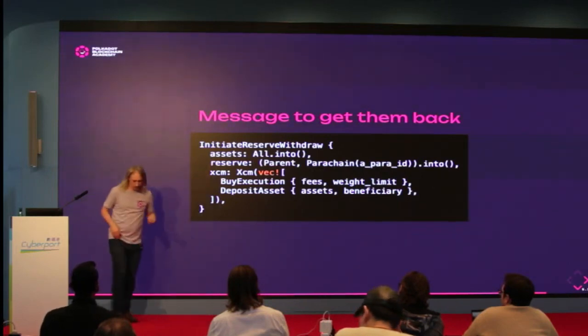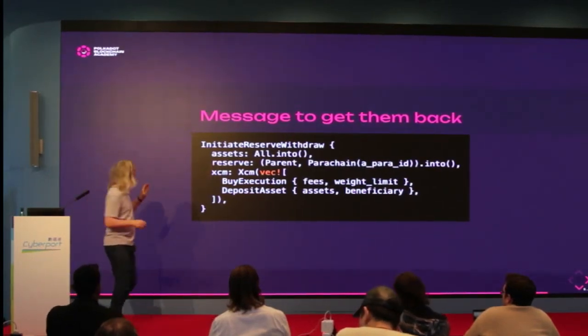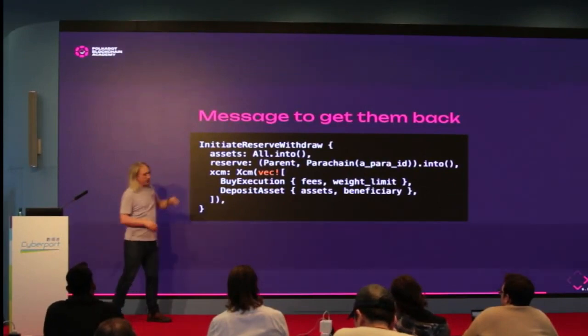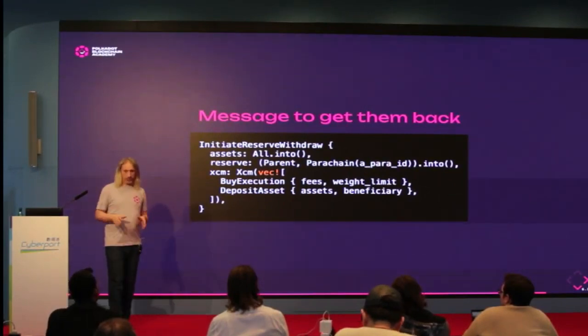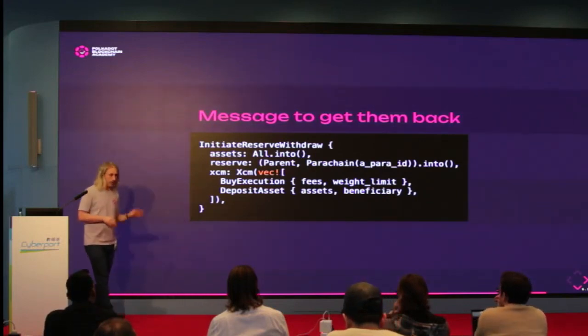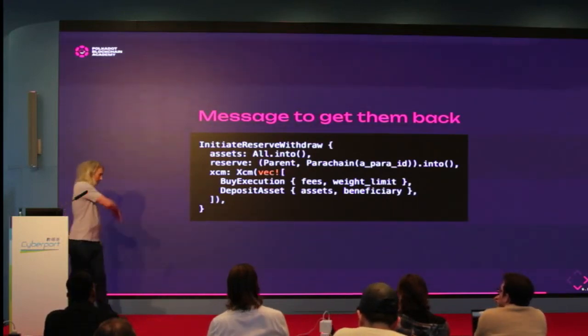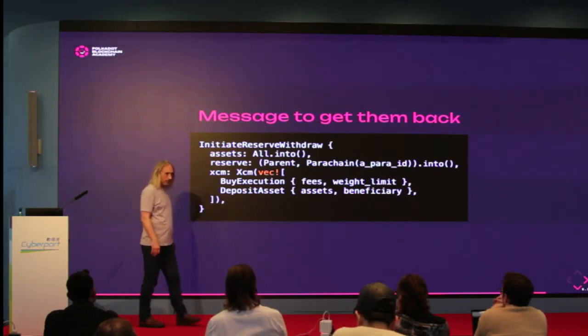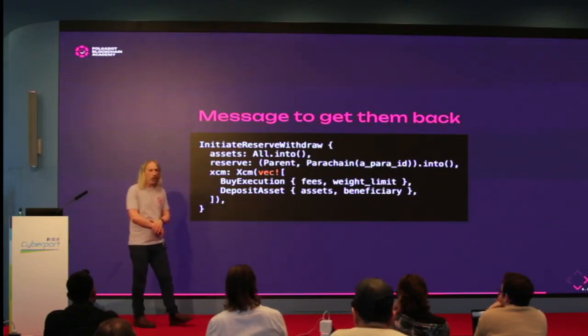Okay, right. So this code now executes on the DEX chain. We are no longer on the reserve chain. We are pretending now for the moment that we are on the DEX chain.